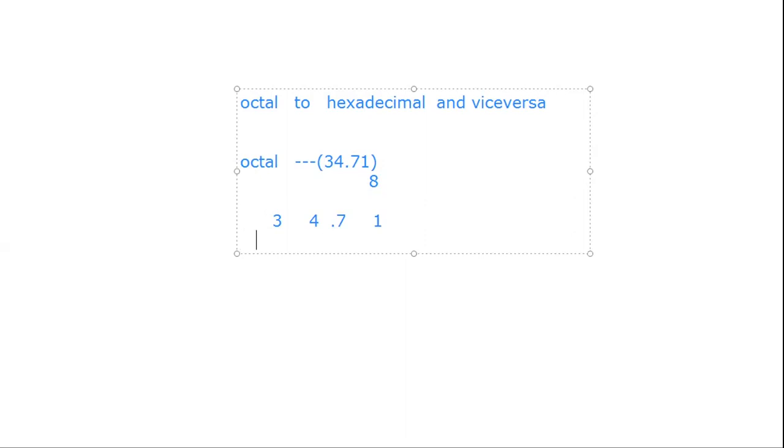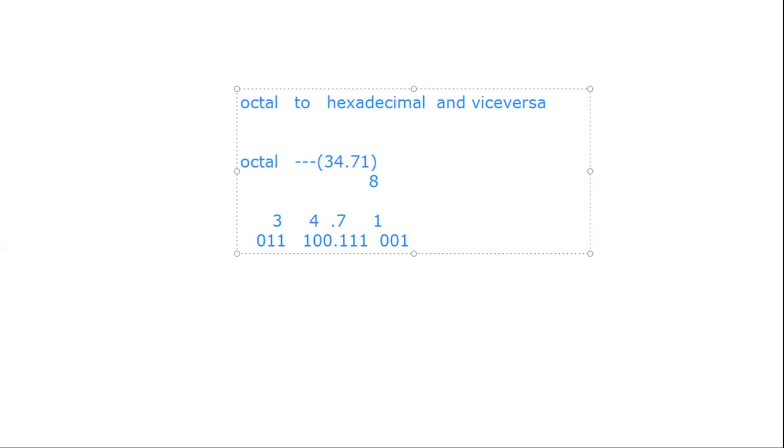Octal to binary means 1 digit in octal is equal to 3 digits in binary. So for 3, we get 0, 1, 1. For 4, 1, 0, 0. Point. For 7, 1, 1, 1. For 1, 0, 0, 1. So this is the binary equivalent for the given octal.